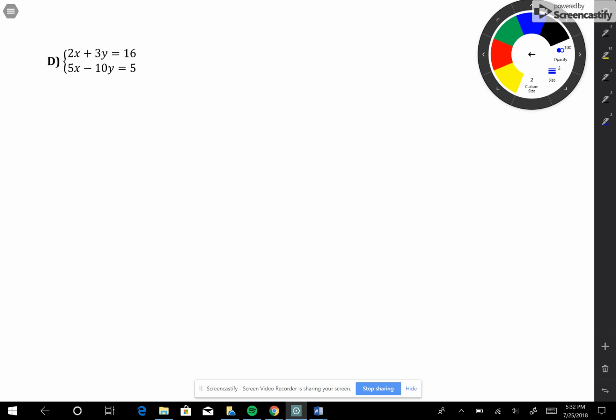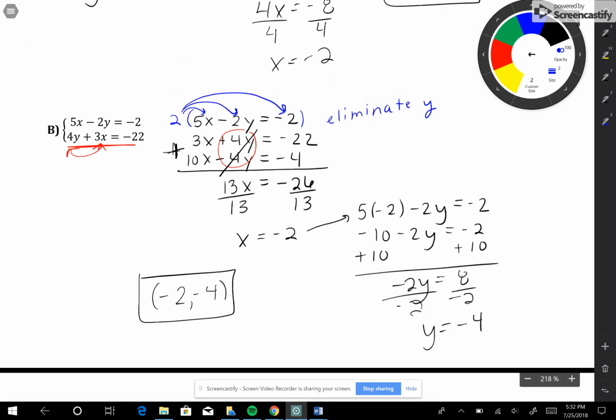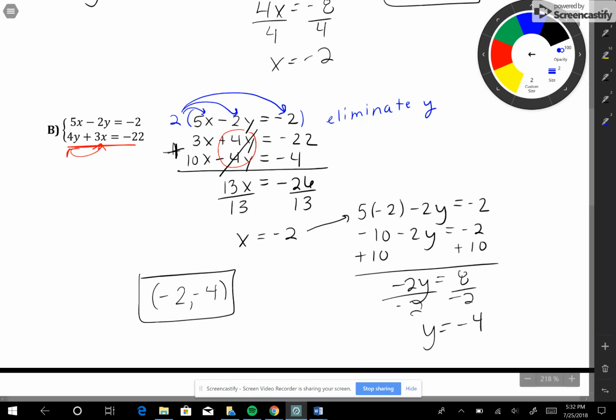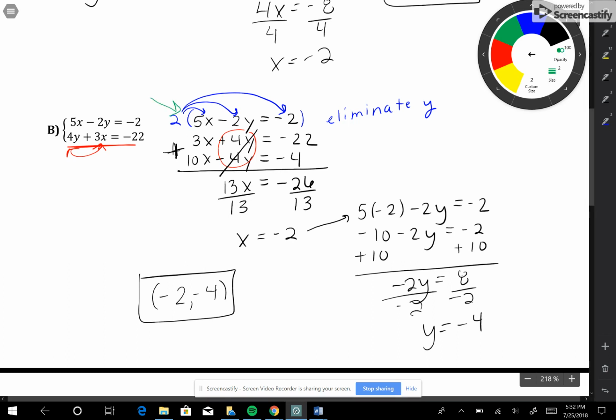Now, in example B, if you remember, let me go back there, that wasn't too bad because I had only to multiply one equation by 2. Look over here, let me get this one. This one, I only had to multiply this one by 2 because if I multiplied the negative 2y by 2, I got negative 4y, which happened to be opposite of the positive 4y.